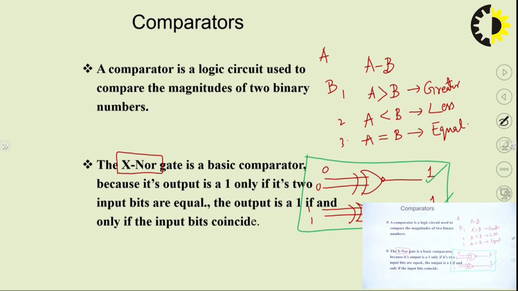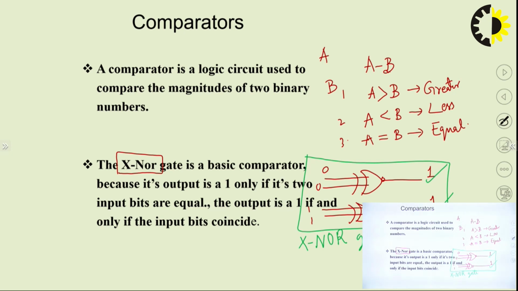So what we are taking to design our comparator is the XNOR gate. The comparator is an XNOR gate because the output is 1 when the two input bits are the same.